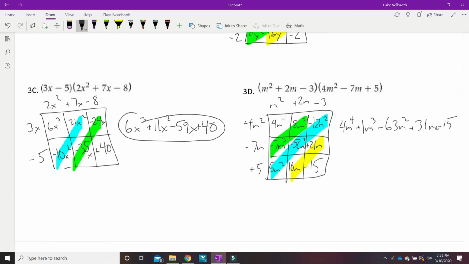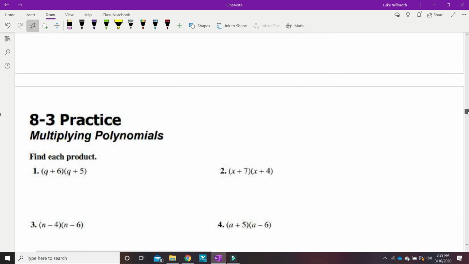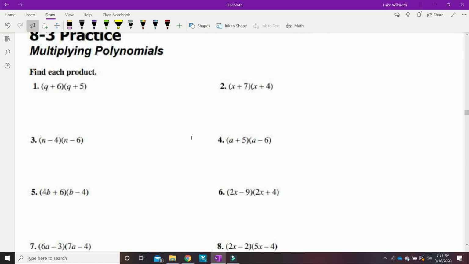Yeah, minus 15 at the end. All right, and that's it for that problem there. What's nice about this is we simplify as we go. So once we get this answer, I only have 1m to the fourth, 1m cubed, 1m squared, 1m, and 115. Okay, that is it for that lesson.